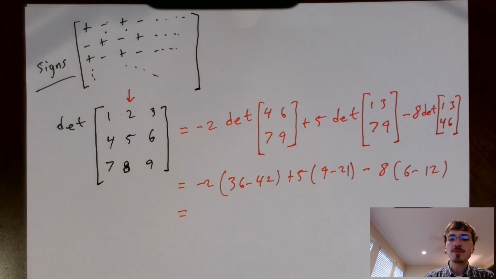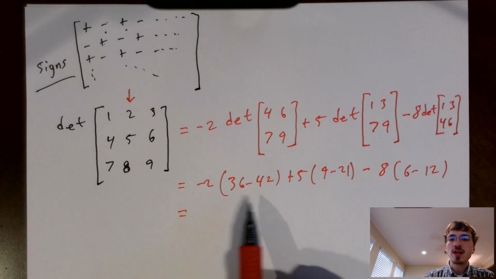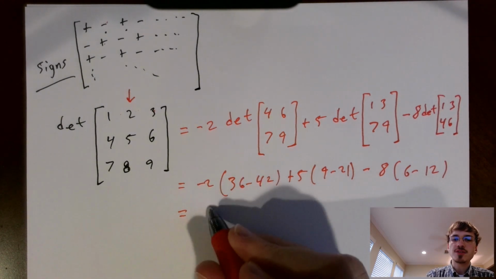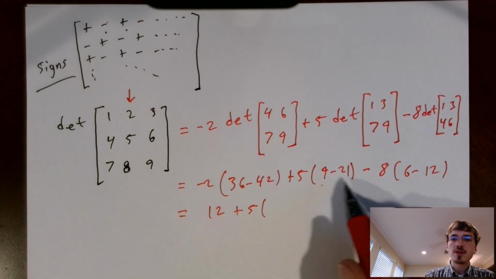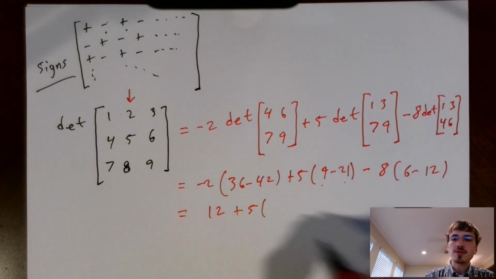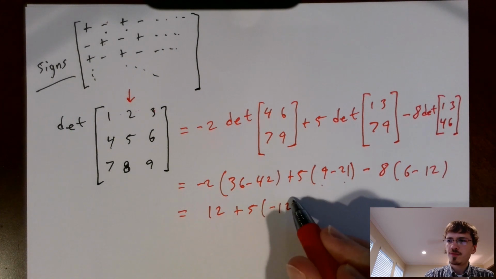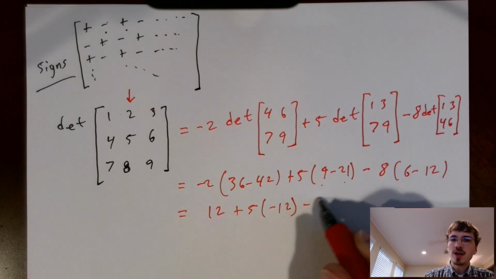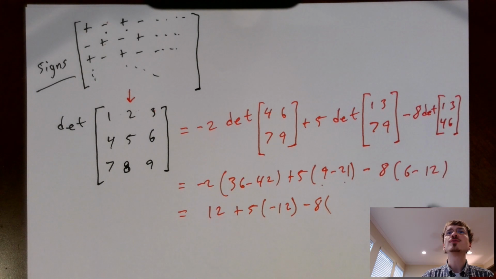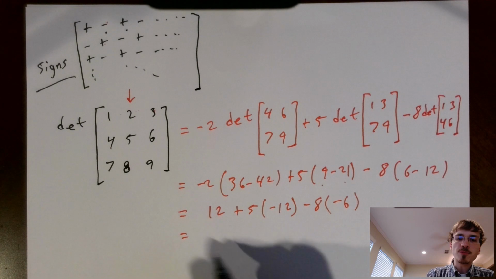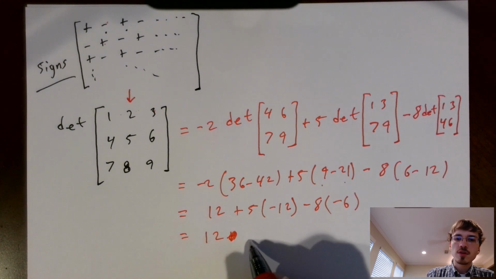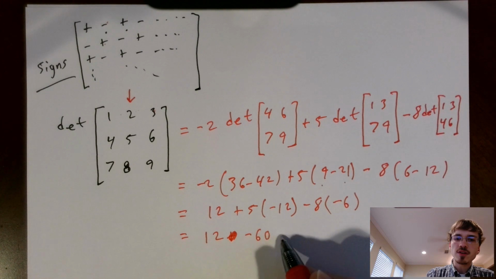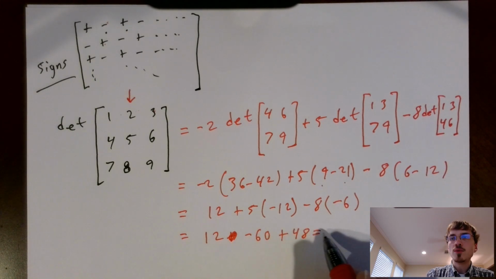Well, what's this going to be? -2 times -6 is 12, plus 5 times 9 minus 21 is -12, minus 8 times 6 minus 12 is -6, and if we keep computing, we see it's 12 minus 60 plus 48, which is again 0.